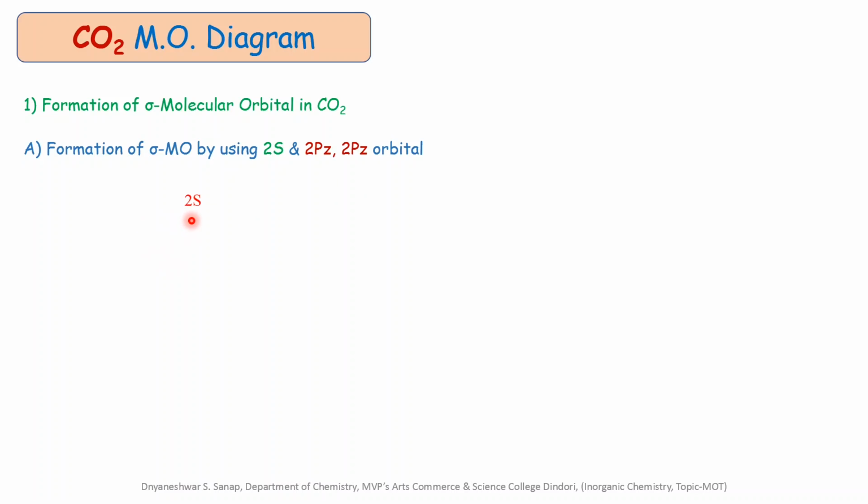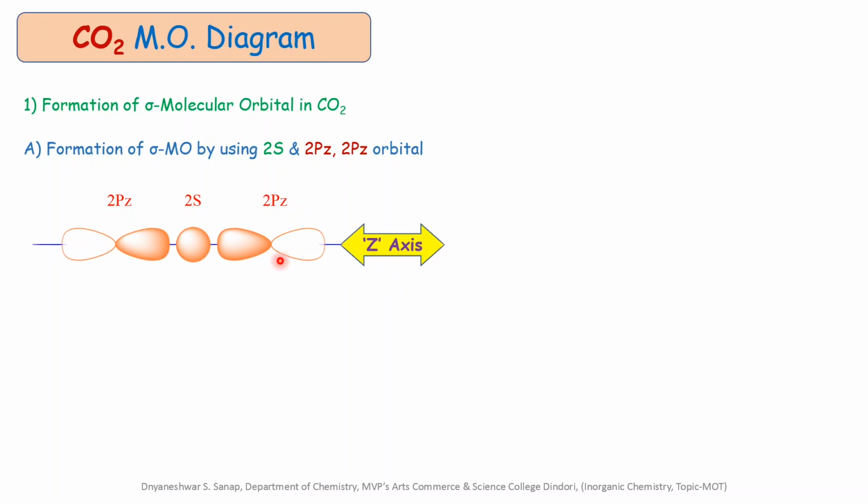When the 2s atomic orbital of the carbon atom is combined with the 2pz atomic orbital of both oxygen atoms along the z-axis, we get the combination of atomic orbitals like this. The darkened color indicates that same-sign wave functions are attracted towards each other, and there is formation of a bonding molecular orbital between the 2s atomic orbital and the 2pz atomic orbital along the z-axis.